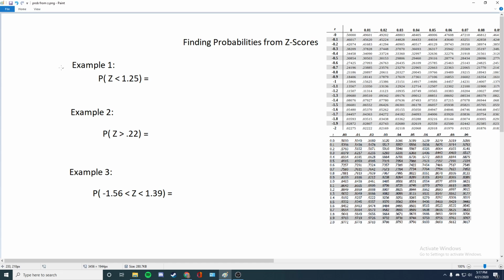So, getting right into example 1, we need to find the probability that z is less than 1.25. Remember, with z-scores we're dealing with a normal curve. If we have a normal curve with the mean at 0, and we have 1 and 2, our z-score of 1.25 lies about right here.